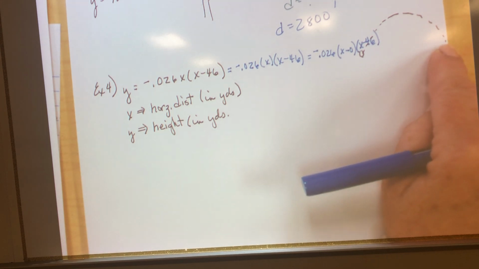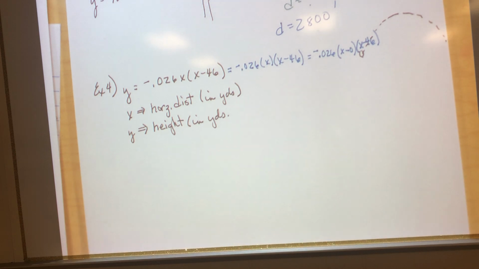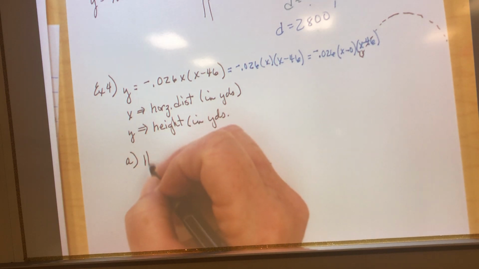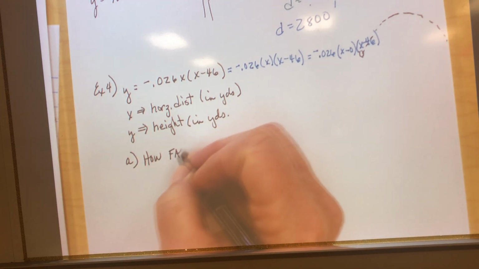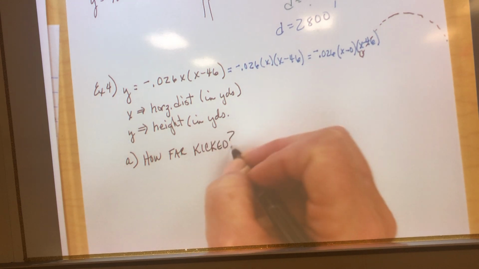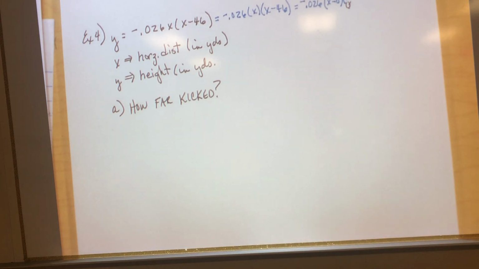in the air. Okay, so here's what they're asking me. They want to know, A, how far was it kicked? Okay, and we know that, right? Because you just answered that, so what's that? 46.